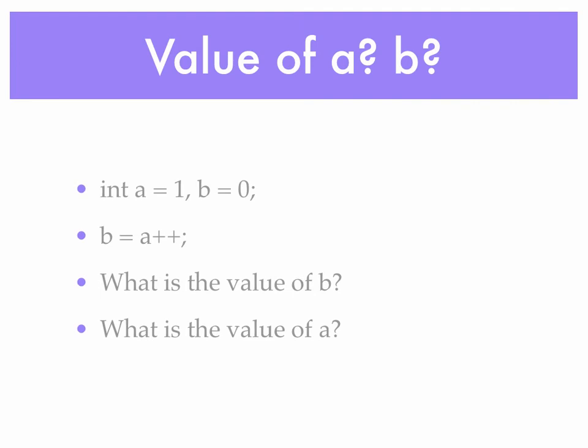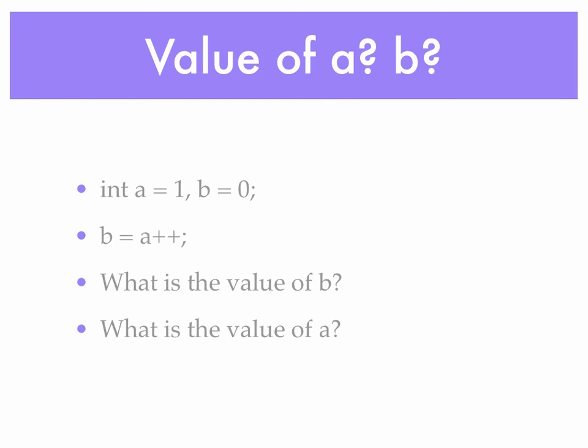So in this example, A, its original value of 1, is returned back and stored into B. A is then incremented. And so the value of B after the execution of this line is 1. The value of A after the execution of this line is 2. So we see there is a difference, pre and post, when we are returning a value.